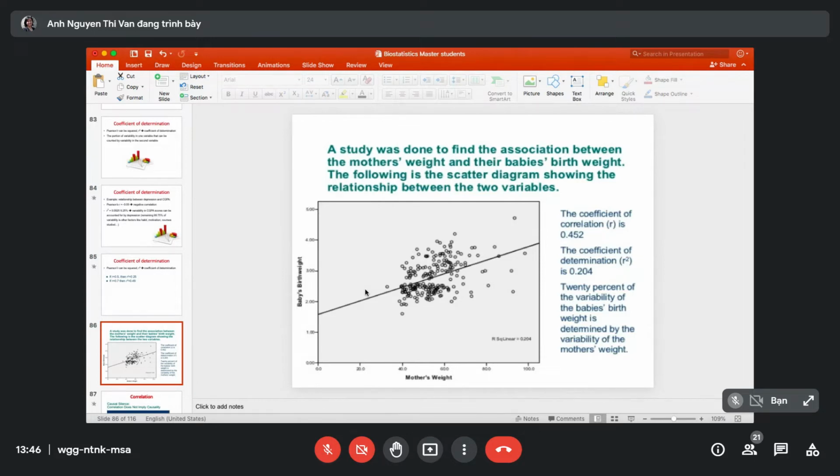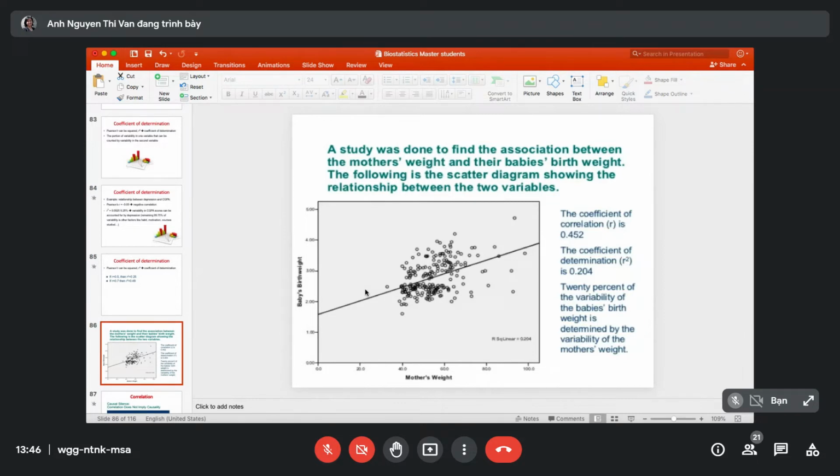The correlation is positive and quite weak. What do you mean? It means not too strong. Weak. Okay.